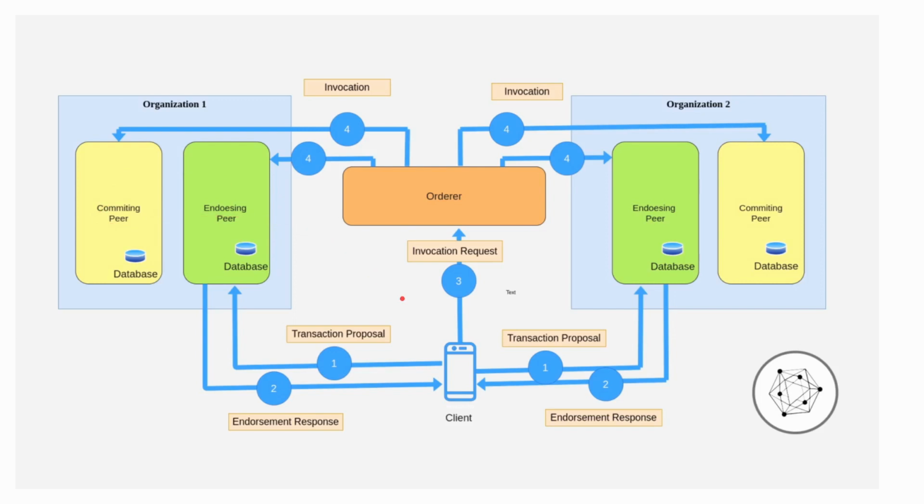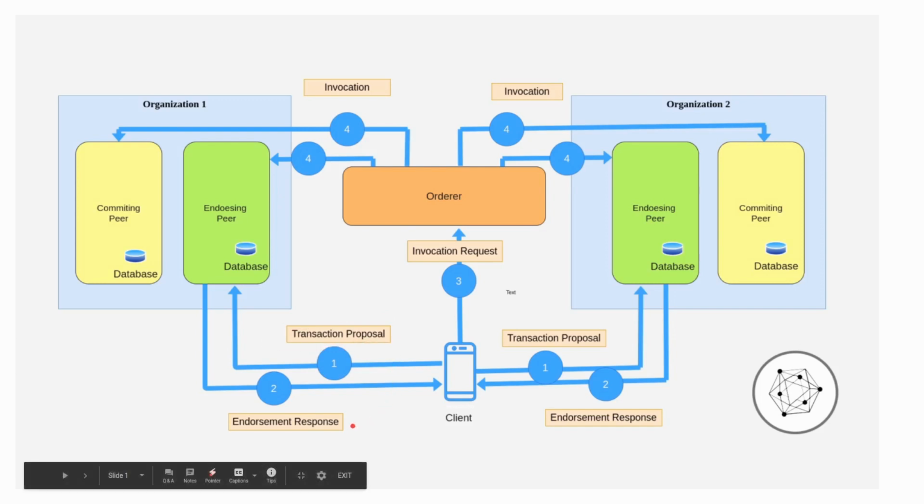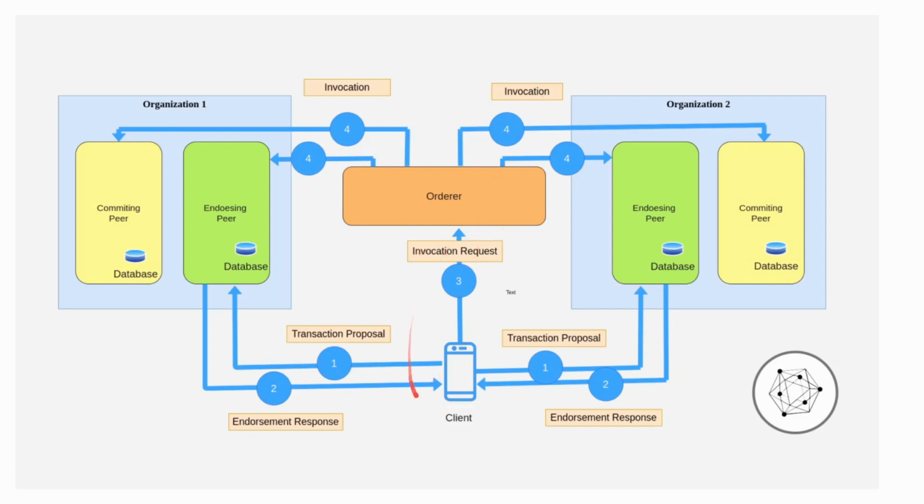So when we get a transaction by transaction ID, I will show exactly how transaction proposal looks like, what exactly endorsement pair adds into the transaction proposal, how invocation request takes place, and the invocation. That all the things we are going to cover.